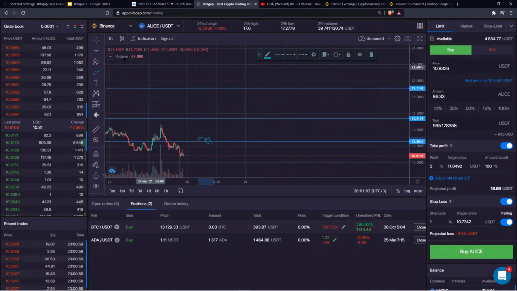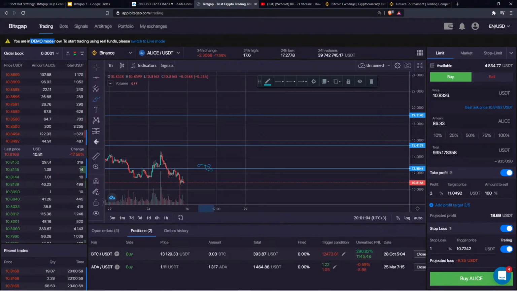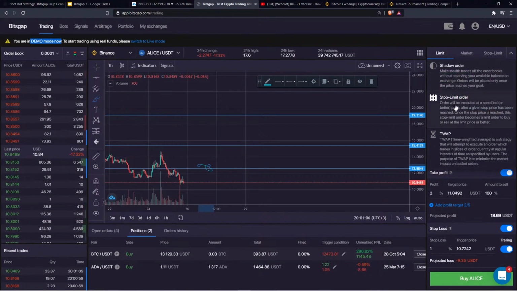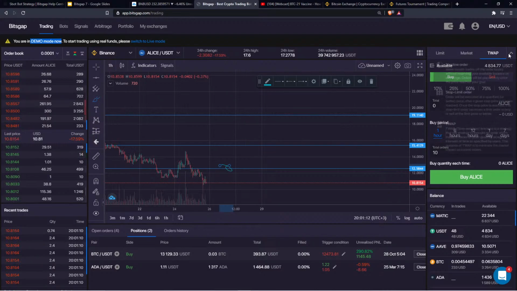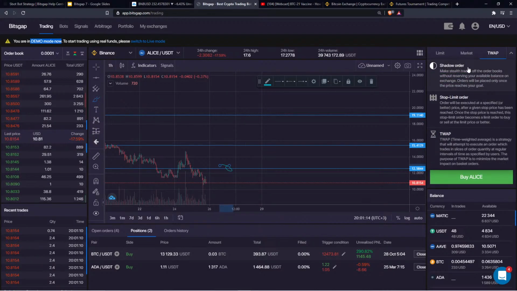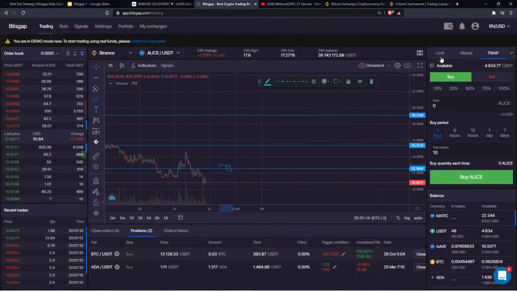And thanks to the demo mode, where you have virtual money, you can use this virtual money to experiment in order to figure out whether the TVAP order is something for you or the shadow order is something for you. So use this mode to experiment and to discover your ultimate strategy.